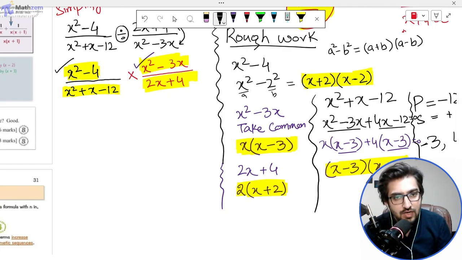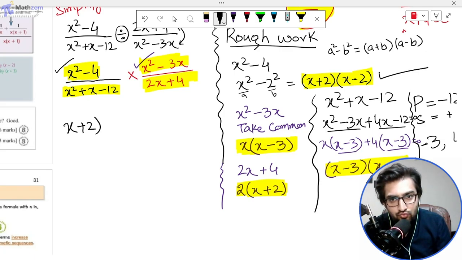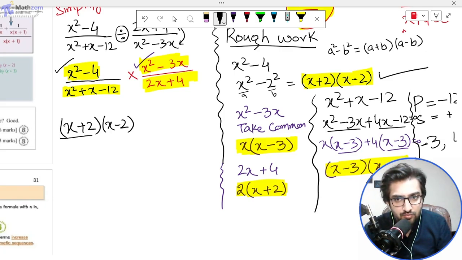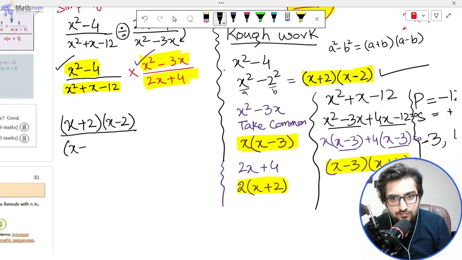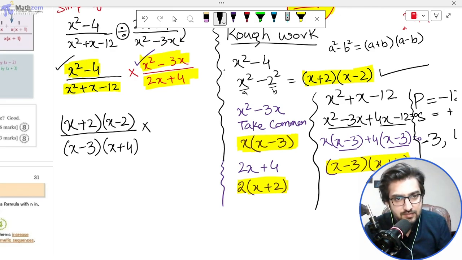So x square minus 4, I got this thing, so let's replace that here. x plus 2, x minus 2, divide by what I got in the quadratic equation, x minus 3 and x plus 4, times then x square minus 3x, we got this thing, x bracket x minus 3, divide by, and we got 2x plus 2 as this one, so it will be 2x plus 2.